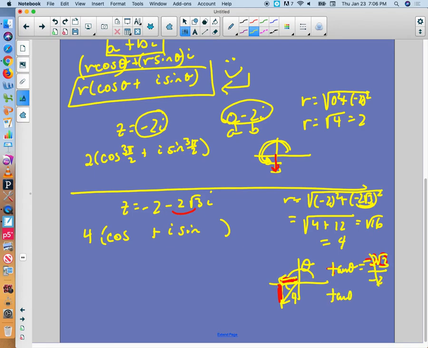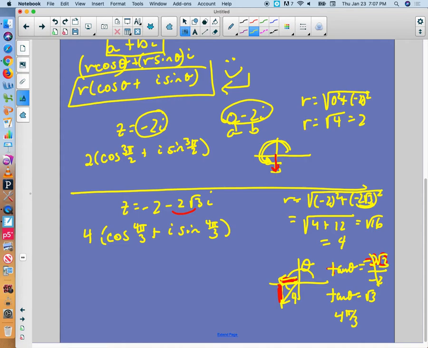So you have tangent theta is root 3, which tangent can be positive in first and third quadrant, so we know we have a pi over 3 angle in the third quadrant, which would be 4 pi over 3.